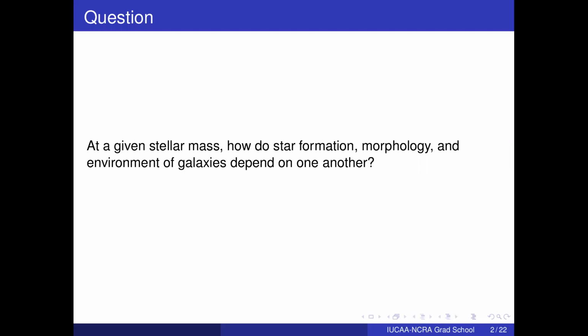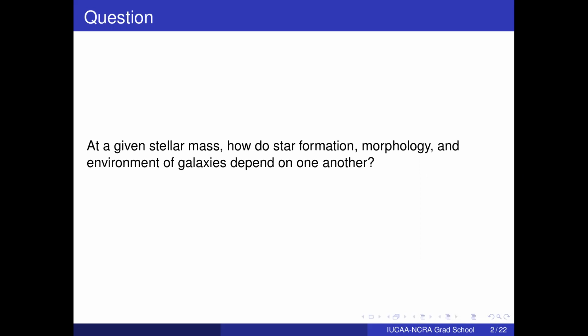Okay, so whenever we study galaxy evolution, one of the most straightforward observational questions you can ask is, at some given stellar mass, how do star formation, morphology, and environment depend on each other?